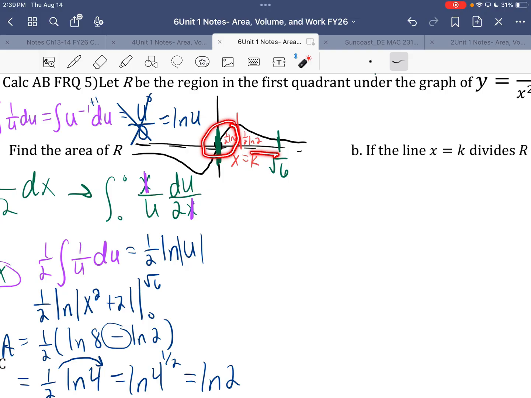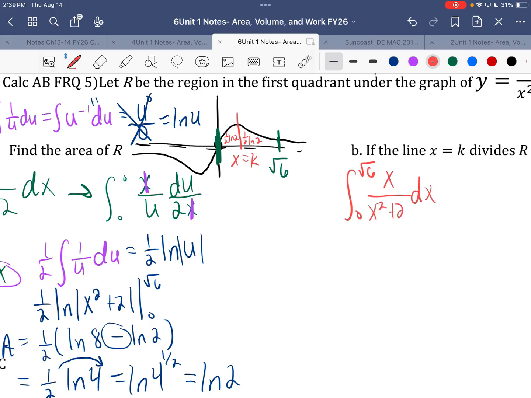Again, that would work. It's just computationally rigorous versus going 0 to square root of 6, x over x squared plus 2 dx, equaling half ln 2. There's way fewer places for you to mess up if you just did it with the half ln 2. Okay, and we already know how to integrate this because we just did it.